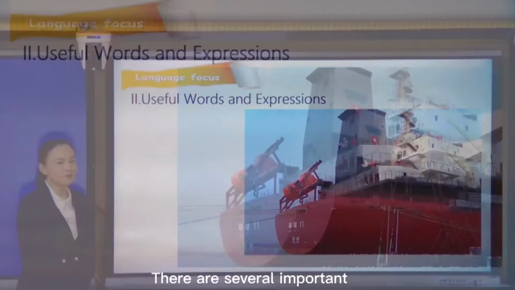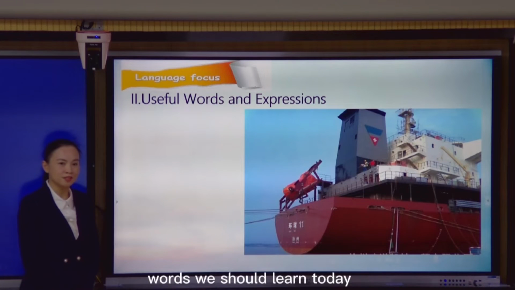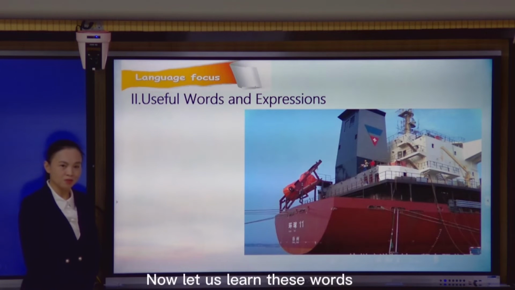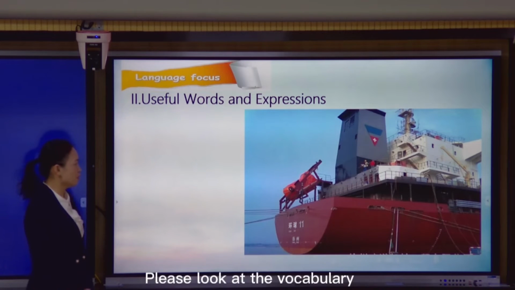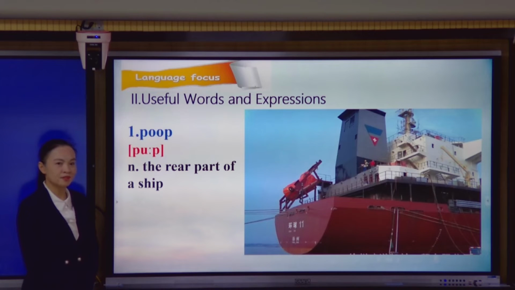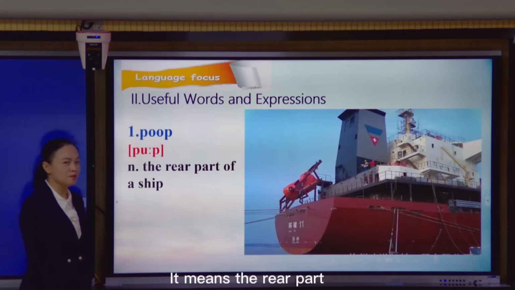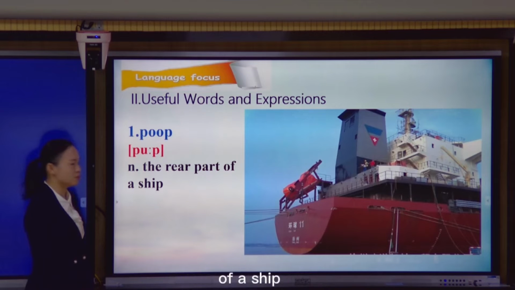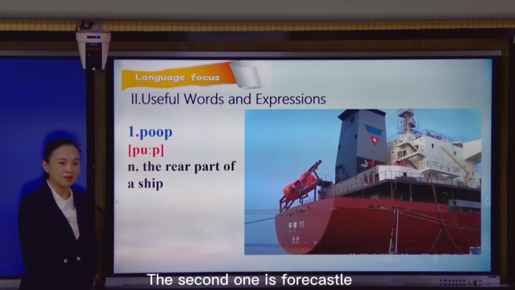Okay, there are several important words we should learn today. Now let's learn this word one by one. Please look at the vocabulary. The first one is the poop. It's a noun. It means the rear part of a ship. The second one is the forecastle. It's a noun.